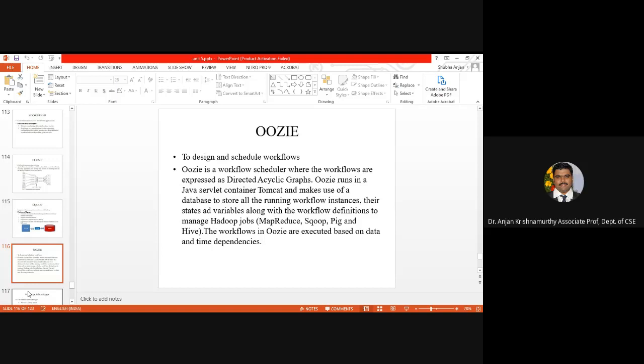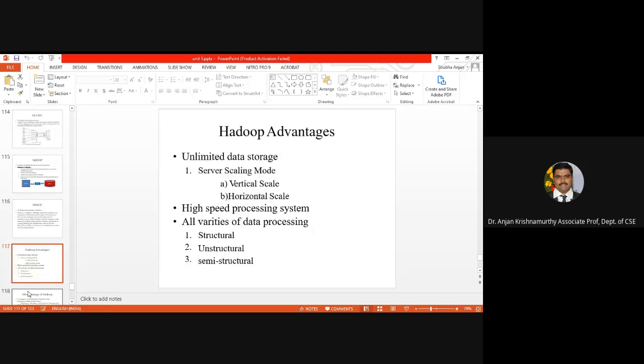It states the variables within the workflow definition and also manages the Hadoop jobs: MapReduce jobs, Sqoop, Pig, and Hive. It works with them and creates a workflow with data dependencies and time dependencies between these aspects.